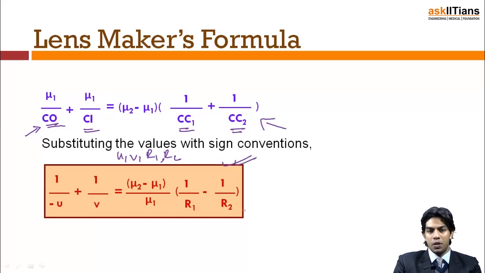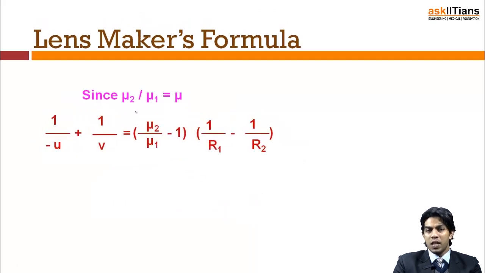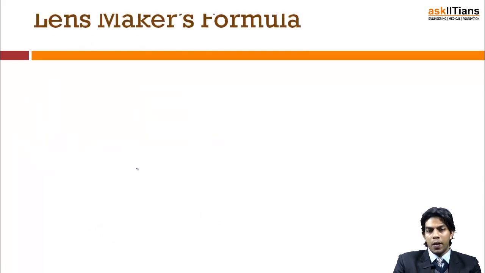This is lens maker formula, and I know that since mu2 by mu1 equals mu, substituting the value over here for this particular expression, I will end up getting this. That is just to find out the relative refractive index so as to make the expression look pleasant or tidy. So that's what I'm doing over here, tidying up the expression, nothing special about it.